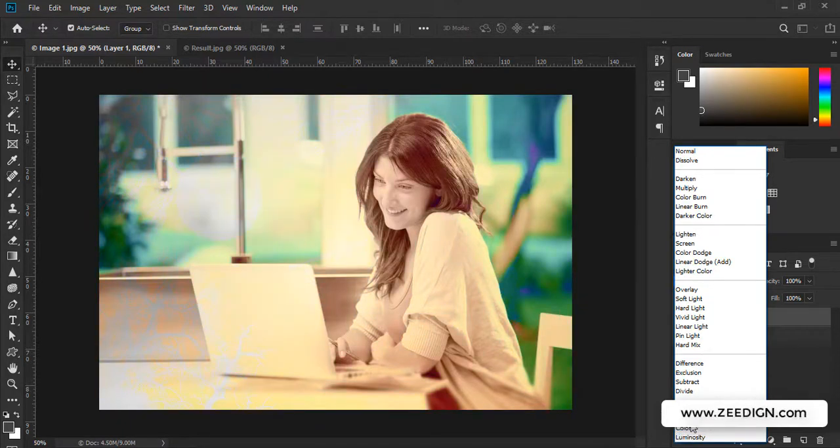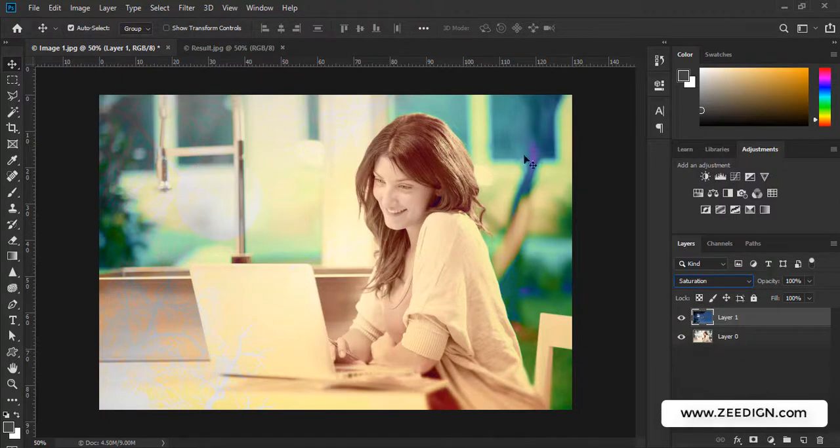Then we have saturation. The saturation is sort of increasing the intensities of colors of different sections based on the top layer, and it is making those changes on the bottom one. Okay, you see here if I do that. So it is saturating and desaturating different sections based on the top layer.